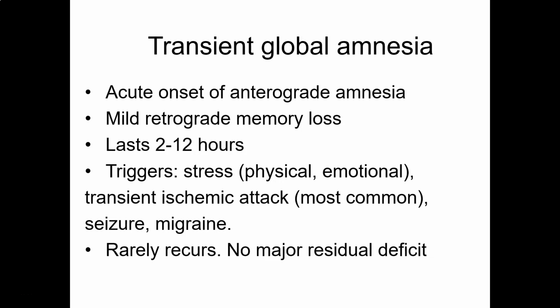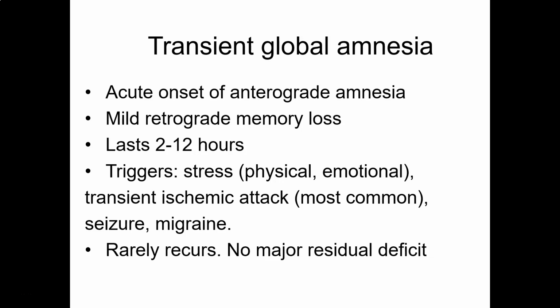It typically lasts from about 2 to 12 hours, and it can be caused by a variety of different things, either a significant amount of physical or emotional stress. It can occur because of a transient ischemic attack, so blood flow to different parts of the brain is temporarily blocked, and that can cause this to happen. This can occur because of a seizure or things like migraine.